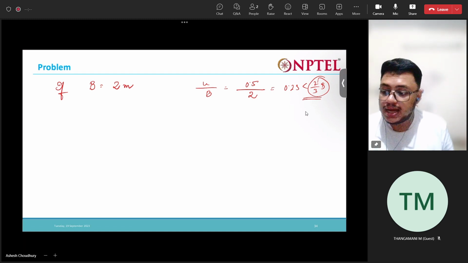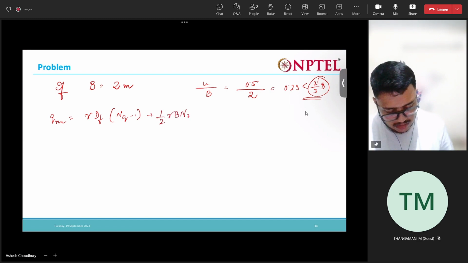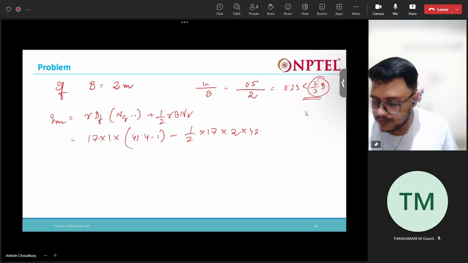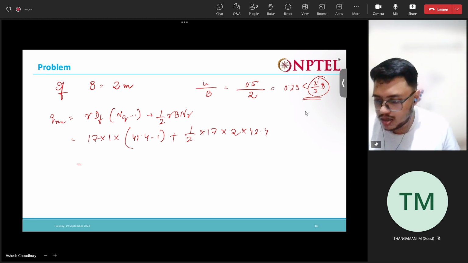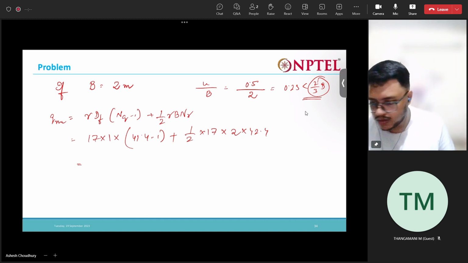Now let us find out the ultimate bearing capacity in this case. Nq is 42.4. So how much will it be? 17 into 40.4 plus half into 17 into 2 into 42.4, which is 720, plus 17 into 40.4.